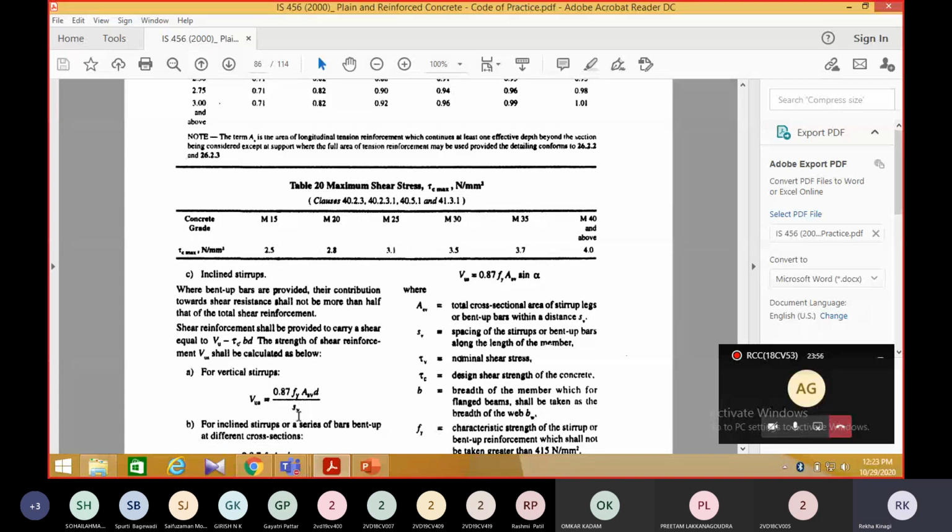And here interchange SV and VUS. VUS the denominator, SV take it to the numerator on the other side. So SV will be equal to 0.87 Fy ASV into D divided by VUS.